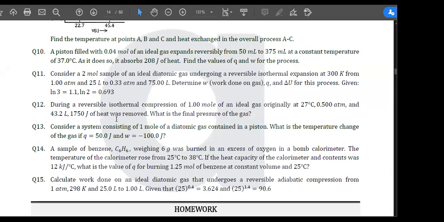Question number 13. Consider a system consisting of 1 mole of diatomic gas. Just go through the problem. 13, 14, 15. और कोई है उससे पहले वाला? बता दो. 10, 11, 12 हो गया? नहीं हुआ, कोई दिक्कत नहीं है, बताओ.